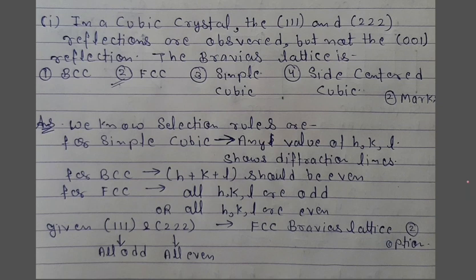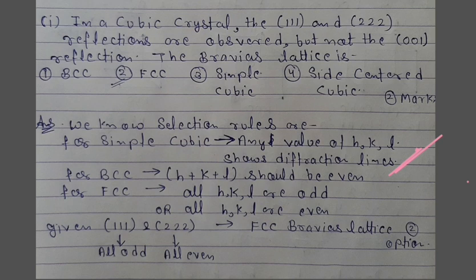As you see in the solution, friends, we know the selection rules for X-ray analysis of crystalline solids. For simple cubic, any value of HKL shows a diffraction line, meaning if the value is 0, 1, 2 or any other, all the values show diffraction lines.